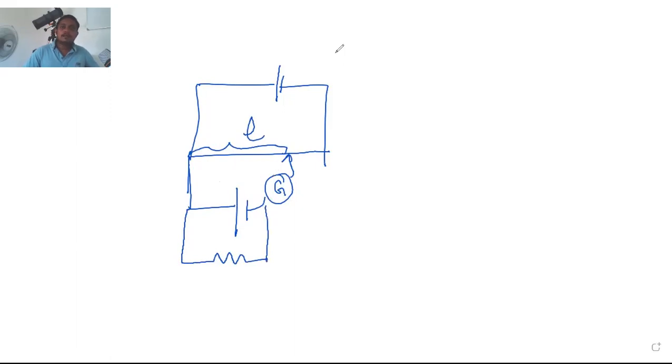When we connected our resistor, the L comes to L over 2. So we can do this question in this manner. E is equal to lambda L. So in the first case, the EMF of the battery is E equals lambda L. In the second case, when we have the battery, it will reduce.